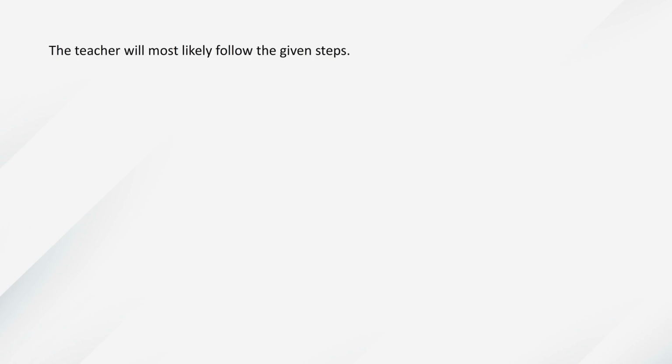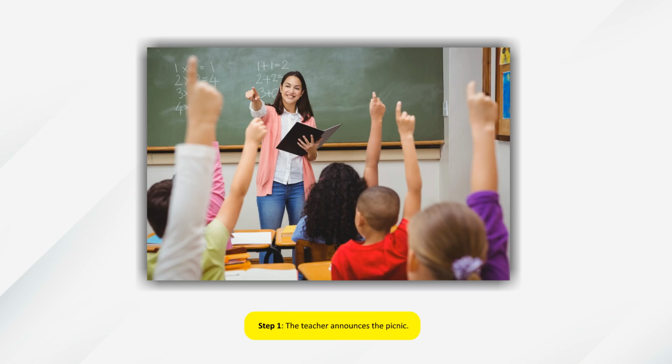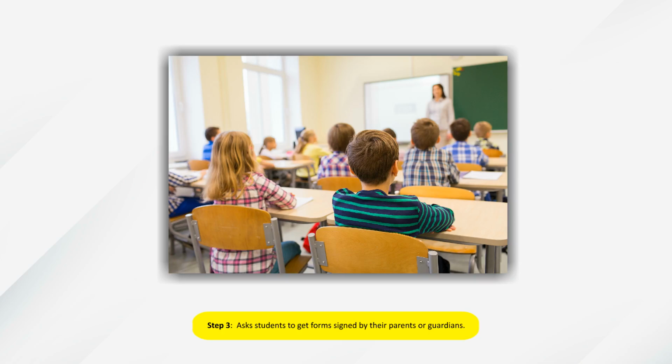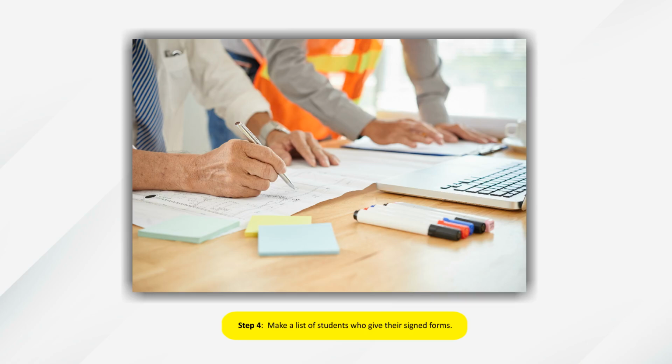The teacher will most likely follow the given steps. Step 1. The teacher announces the picnic. Step 2. Gives permission forms to the students. Step 3. Asks students to get forms signed by their parents or guardians. Step 4.